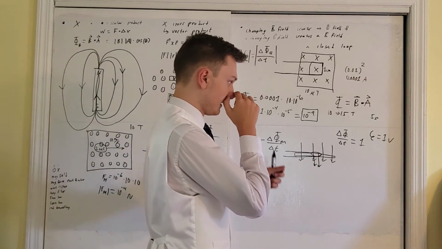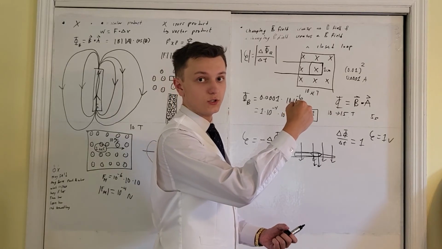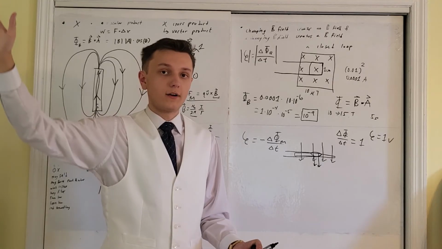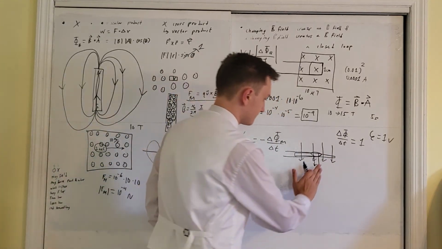Okay? If I decrease the magnetic field, the wire works to induce a magnetic field to counteract it. If I increase the magnetic field, the wire induces a magnetic field in the opposite direction to counteract it. Okay?